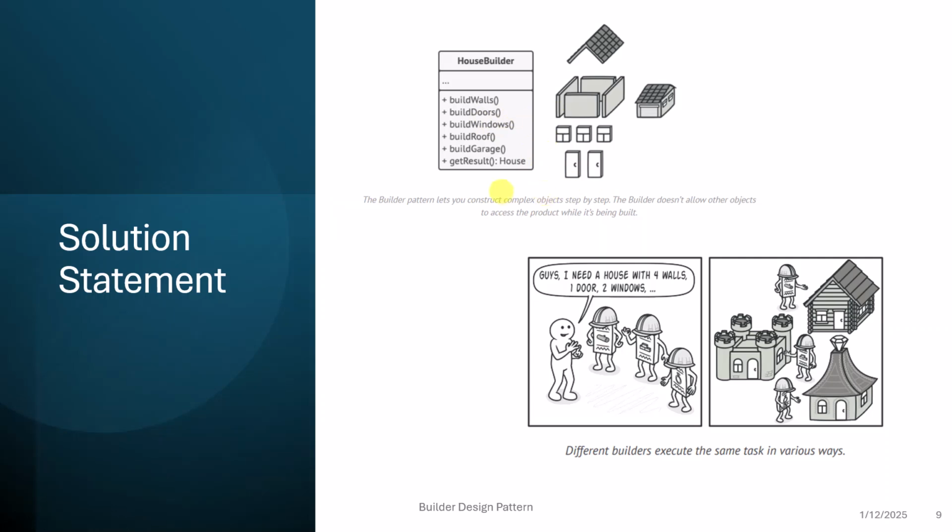So at that time we have to have wooden walls or stone walls. In this case, you can create several different builder classes that implement the same set of building steps, but in a different manner. Then you can use these builders in the construction process to produce different kinds of objects.